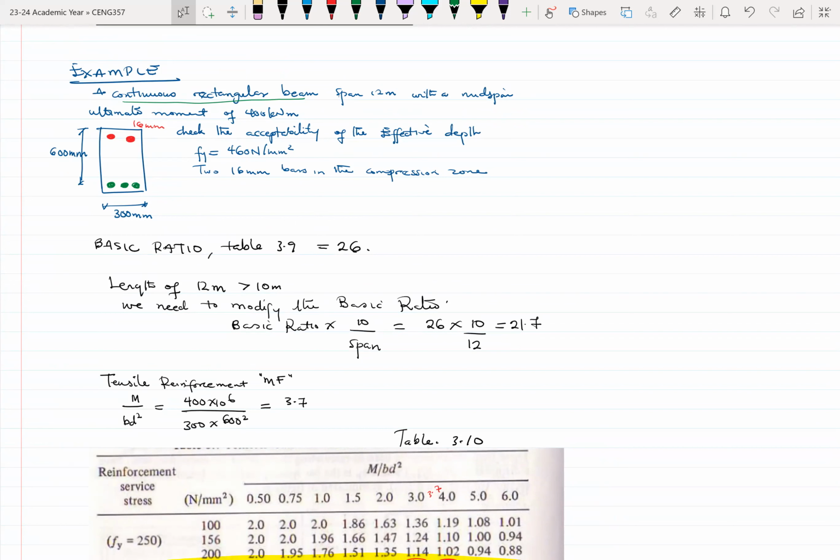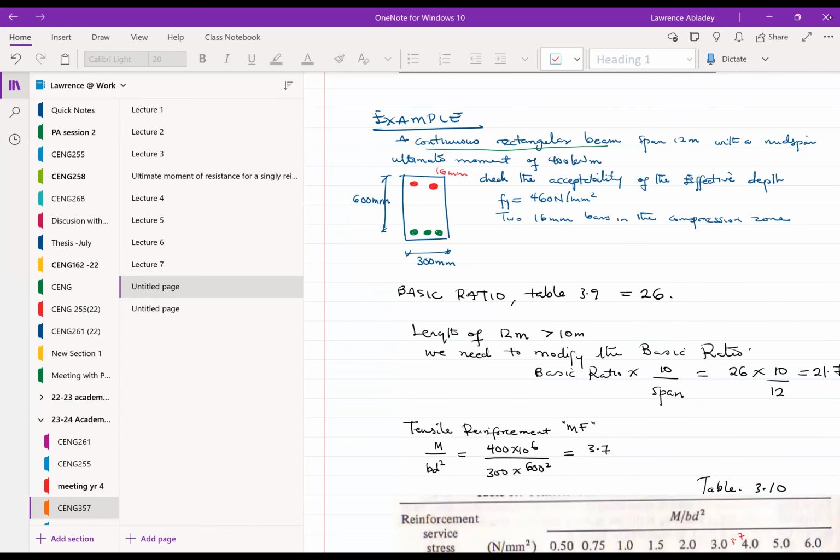Please, the depth of a beam and the height of a beam are two different things. The height is the full height of the beam, and the depth is the distance from the midpoint of the tension reinforcement to the top compression flange, surface or edge.